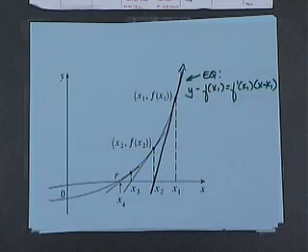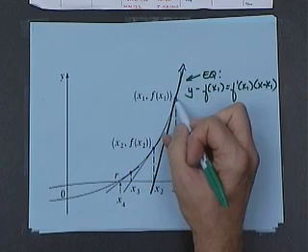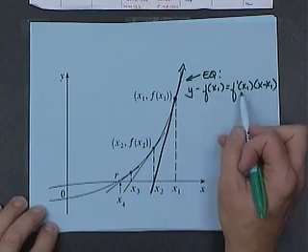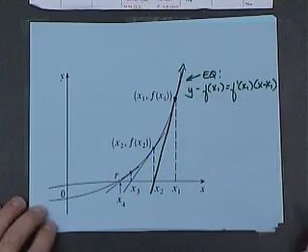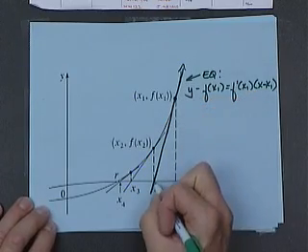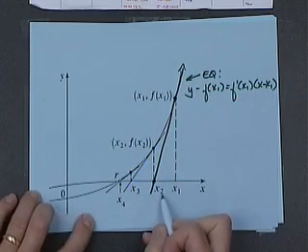There's the equation of that first tangent line by using the point x1, f of x1, and the slope, which is the derivative evaluated at x1. So we come down here on that tangent line, and we locate this point, which they call x2.